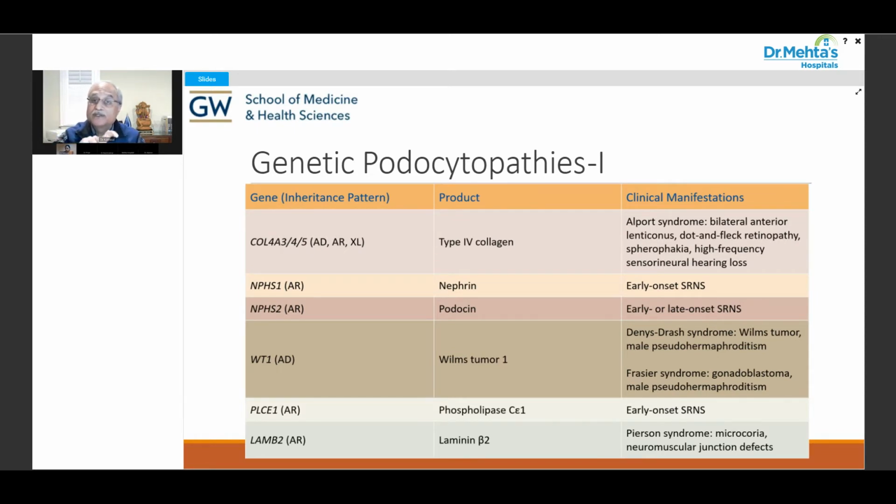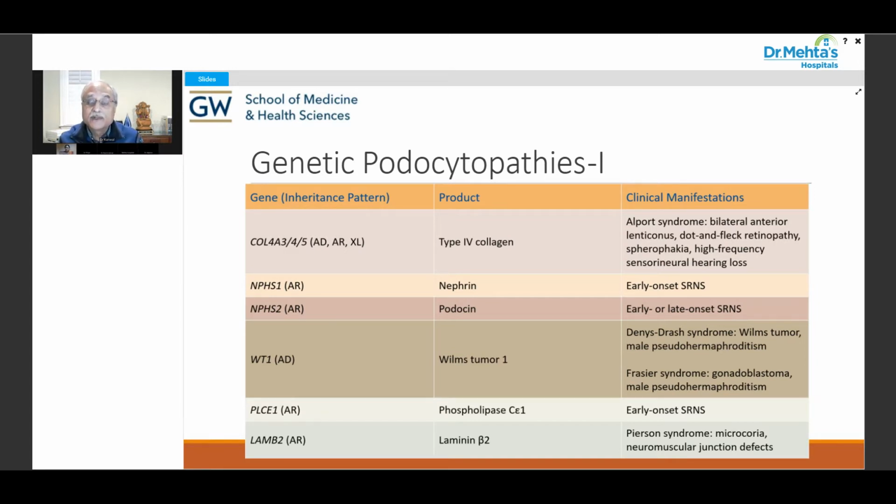Juvenile variant is alpha 1, 2, and the adult version is alpha 3, alpha 4, and 5. That switch happens, and the key of that switch is actually within podocytes. And if the anchoring of the podocytes in this defective collagen doesn't happen, podocytes die. And therefore, this does become a part of podocytopathy.